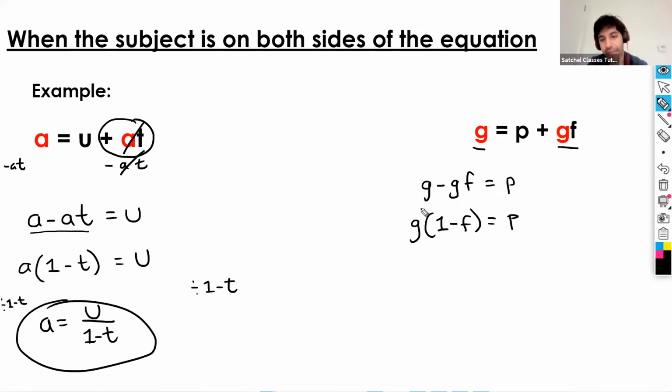Just to double check, G times 1 is G. G times F is minus GF. So if we were to expand this, we would get our original expression. So this has been factorized correctly.